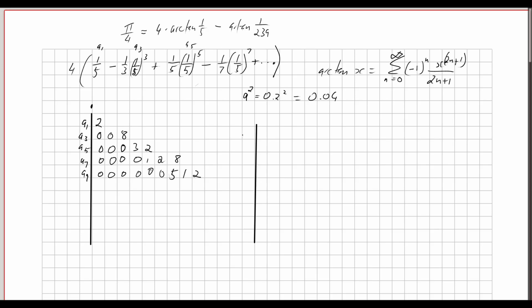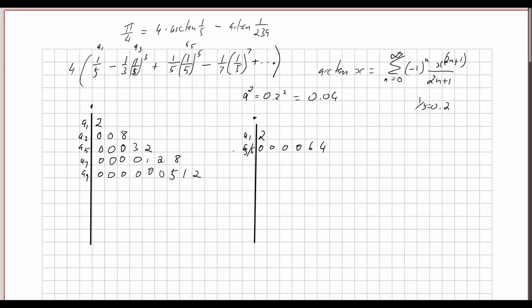Again, A1 is the first positive term, and this is the decimal point, remember, so that's just 0.2. And for A5 over 5, again 1 over 5 is just 0.2, so what is 0.2 times 0.0032, which is equal to 0.00064.